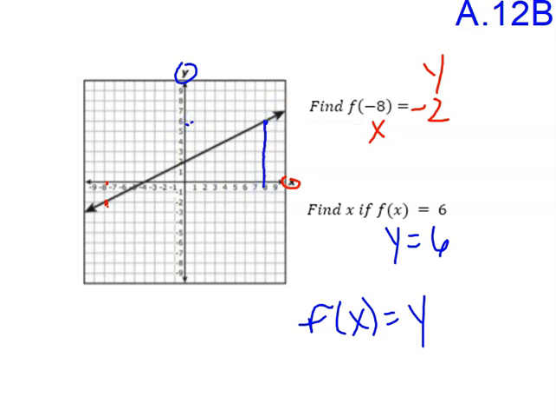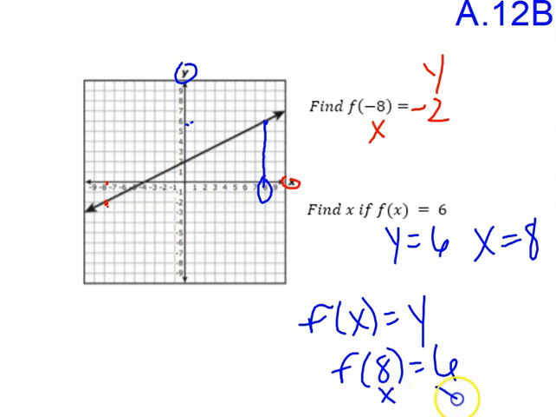And so that value happens to be 8. So the x value is 8. And if you want to rewrite it, you could say f of 8 equals 6. And look, there's x, there's y, and we could test it, go over to 8, up to 6, and it lands right on the function. So the answer here would be 8. All right, that's how you do it looking at a graph.